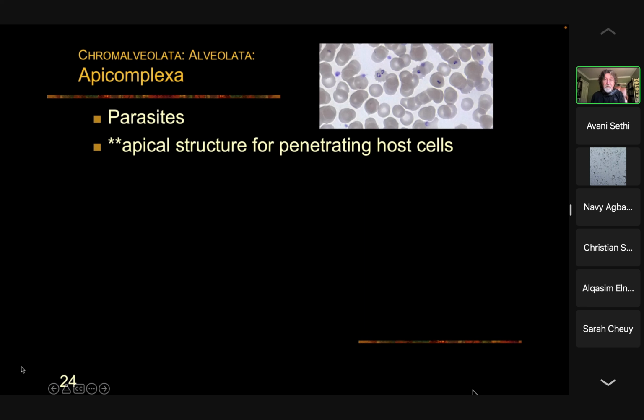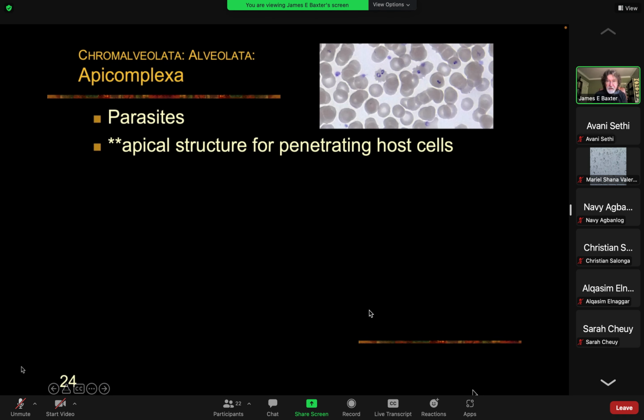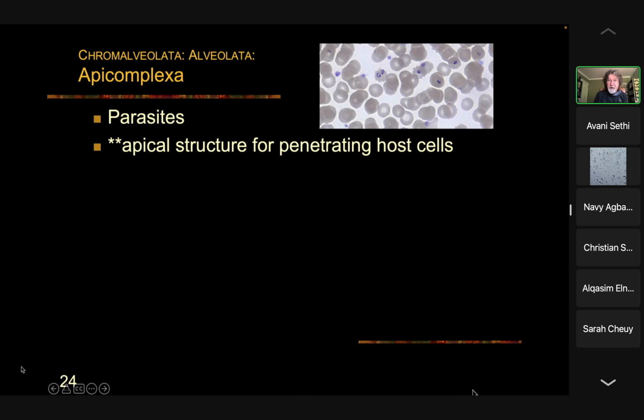There are species that cause malaria in birds, and there are 4 different species of Plasmodium, a genus belonging to the apicomplexa, that cause human malaria. Now, these have a real complex life cycle.